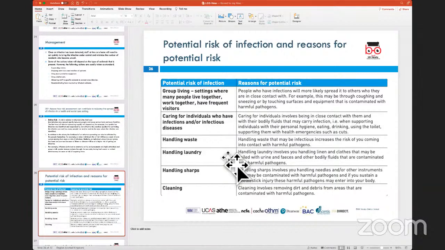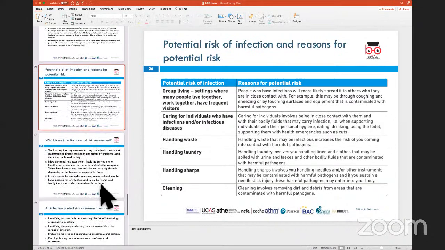If they are handling material or equipment which has been used by a person infected by the COVID-19 virus, and proper precautions are not taken in terms of disinfecting or cleaning the equipment, then they could also get infected, meaning they are at potential risk of contracting the virus.